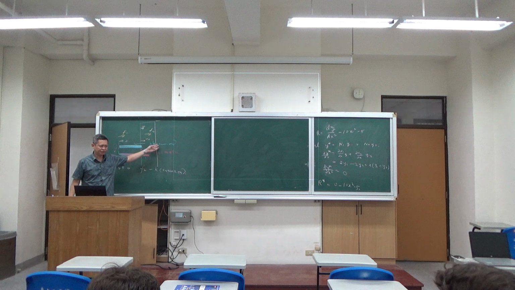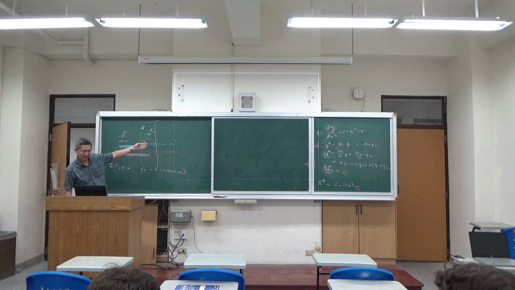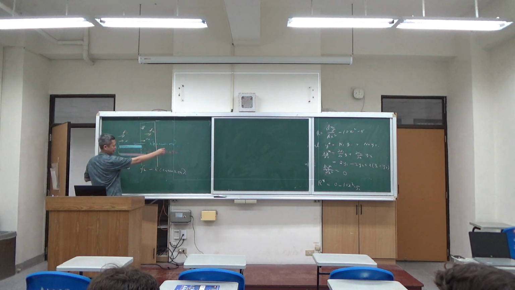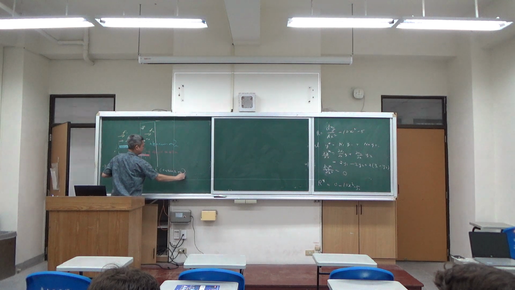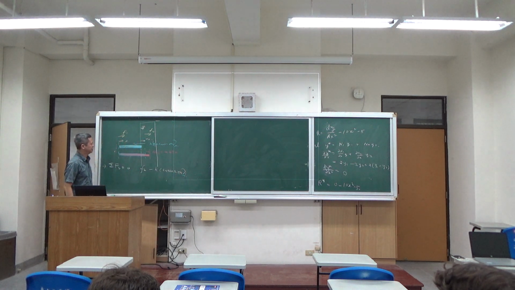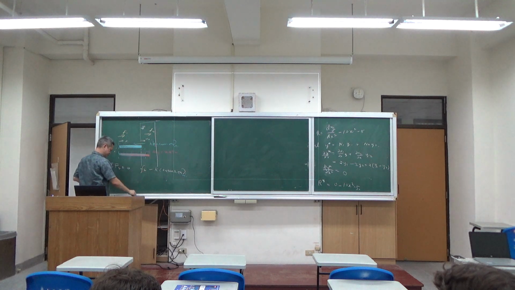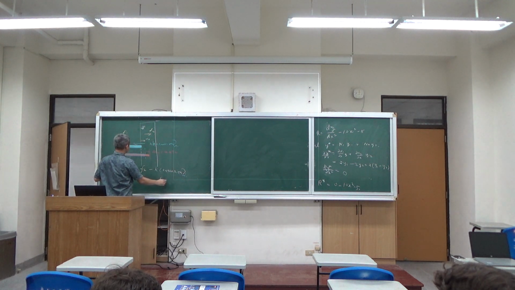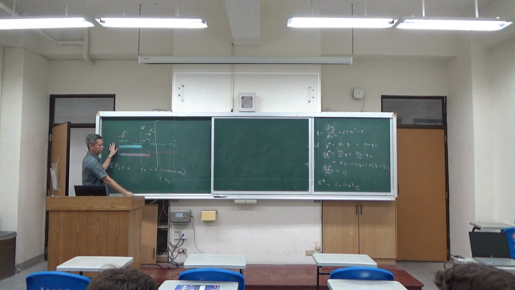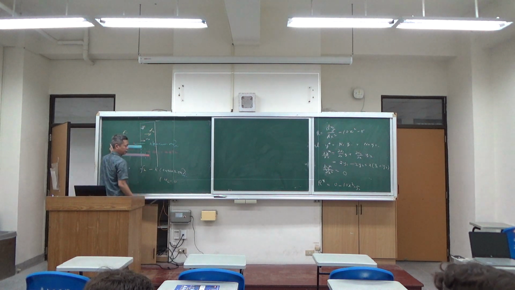How much is the extension due to mechanical means? If the left end was fixed, this is U2 minus 0.